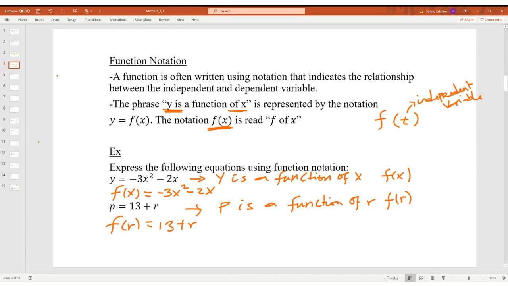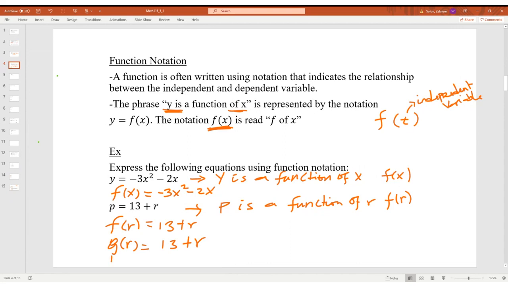So I can write this as G of R, the same thing. It means a function G, and it will be helpful when we see a function. So I'll explain that later. And also I can say H of R, doesn't matter.